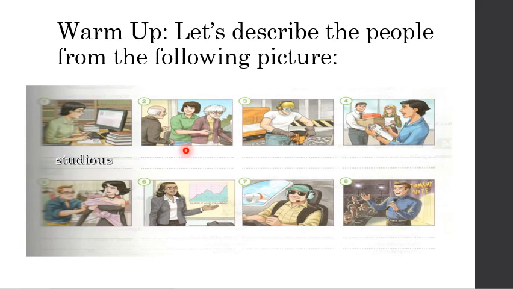What do you think of the character or personality of this woman? As you see, she's helping the old woman, right? So what do you think is her personality?